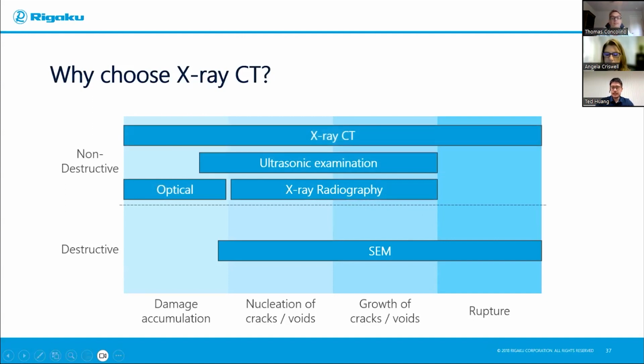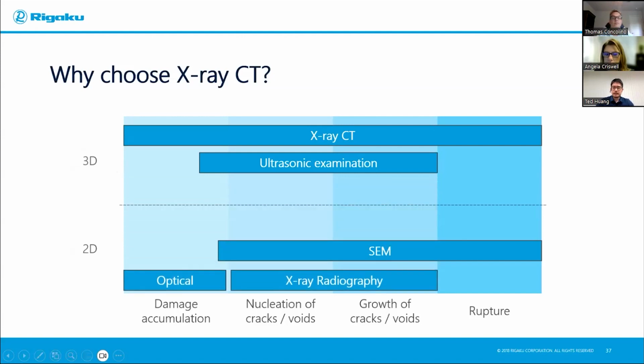X-ray CT arguably can give you all the information because it creates a digital twin of your product in the digital space for you to manipulate. But why would you choose that over using both optical and X-ray radiography, since they're all non-destructive? Now, whether the data you're acquiring is inherently 2D or 3D is very important, because no matter how many 2D images you take, and no matter how much quantification or statistical estimation you use, you're always only looking at one single surface.